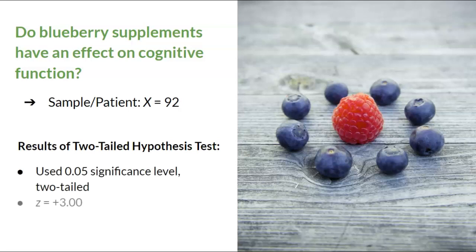We then calculated a z-score of z equals +3 for the sample, and we made the decision to reject the null hypothesis. In other words, rejecting the null hypothesis means that something probably happened in our study, and more specifically, it appears that blueberry supplements have an effect on cognitive functioning.